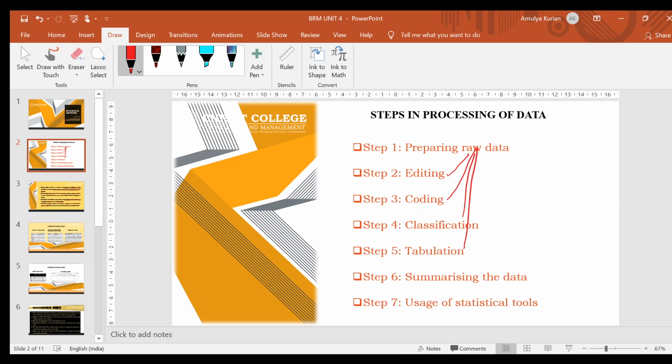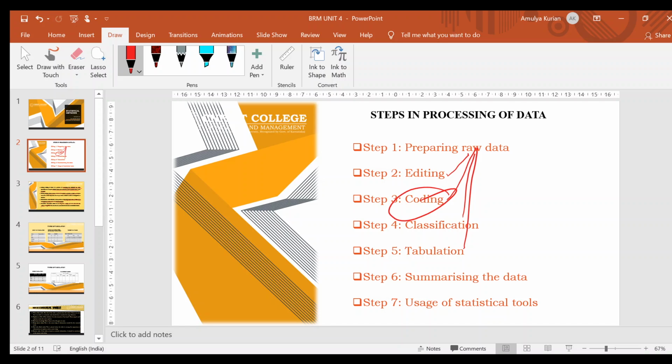Next one is coding. Coding refers to the process of assigning numbers or symbols to answers so that the responses can be put into a limited number of categories or classes. For example, in case of gender, for female you can give 1, for male you can give 2. It is up to you. So in these coding, the different rules which you have set should be clearly mentioned.